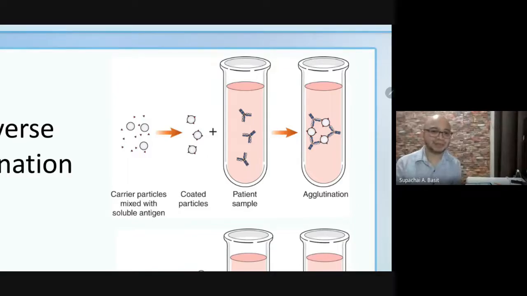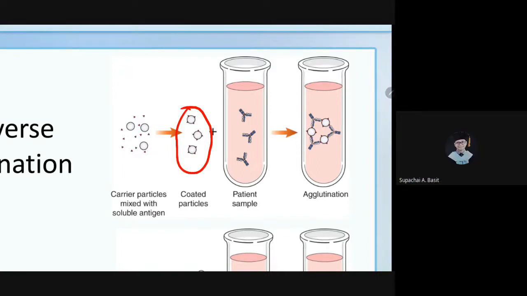And if they are mixed with soluble antigen, you now have the coated particles. Then you add the patient sample that contains serum. If the patient is positive with antibody, there would be agglutination.